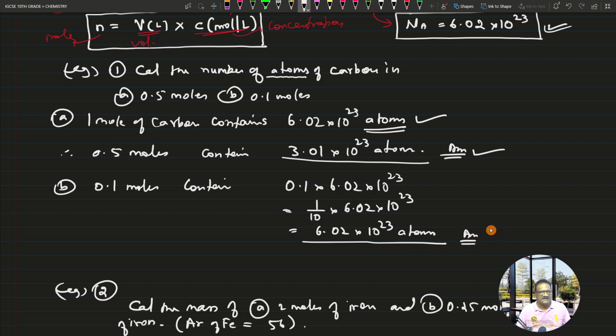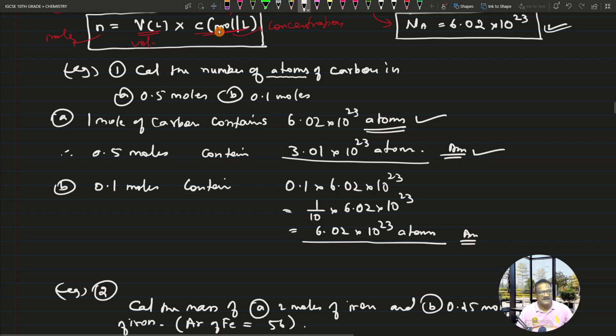Okay, here I made some mistake. 0.1 is 1 upon 10, times 6.02 into 10 raised to 23. It should be 22, I suppose, over here.